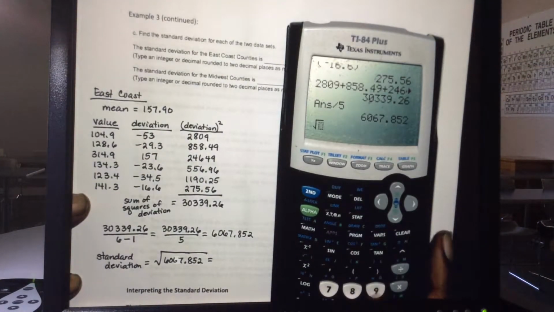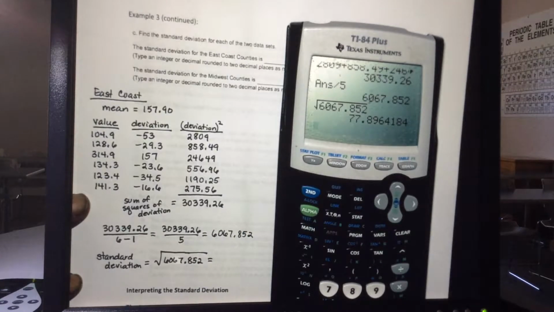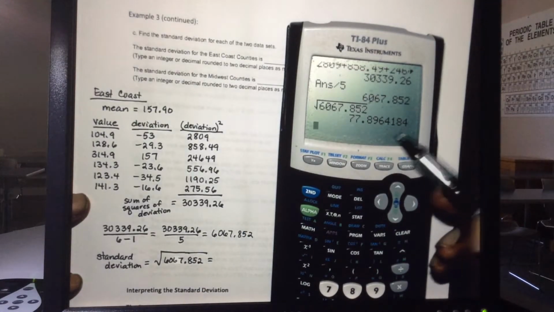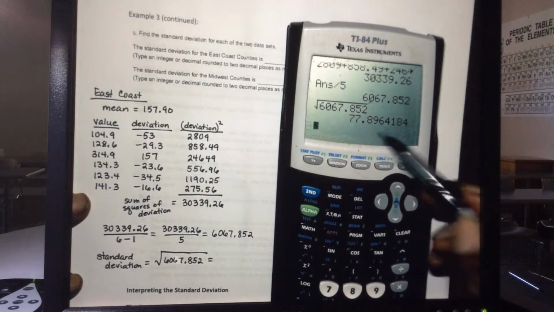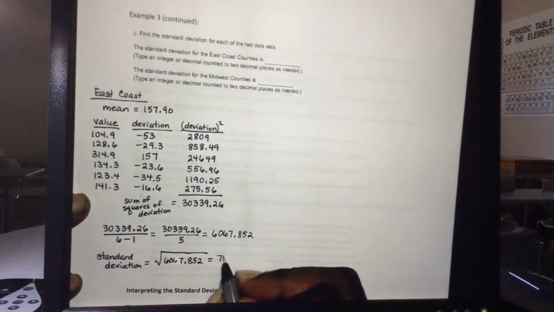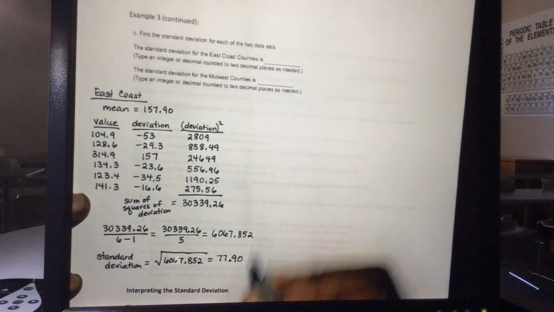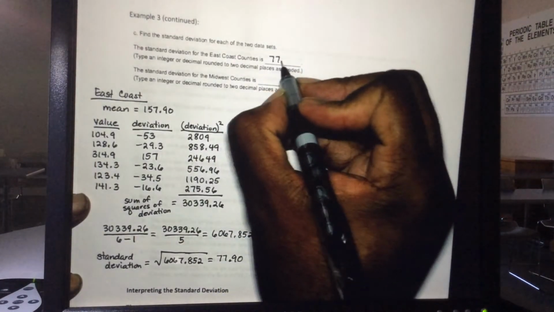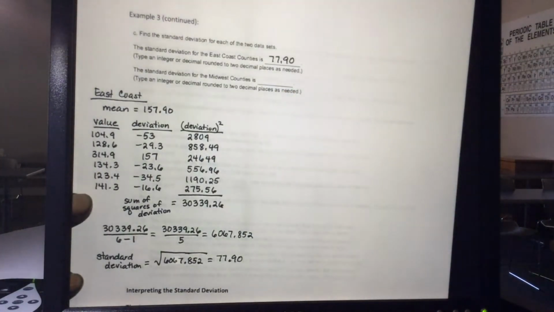And we can go ahead and type this in if we want to. Now, this is going to be to 2 decimal places, so this will be 77.90. That will be the standard deviation for your East Coast counties. Okay?